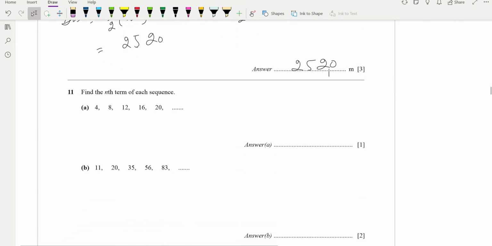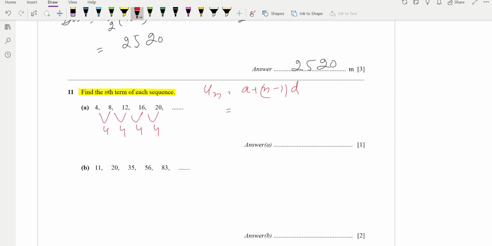Then question number 11 says find the nth term of each sequence. We check the difference: it is plus 4, plus 4, plus 4. So adding 4 means we need to find the nth term. Un will be equal to a plus n minus 1 into d.